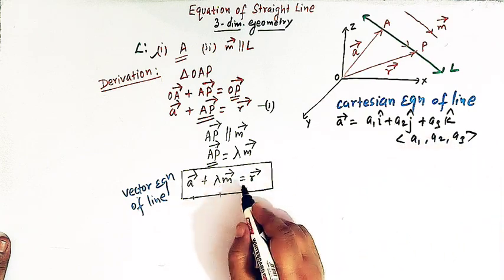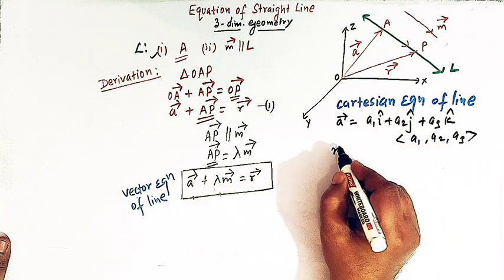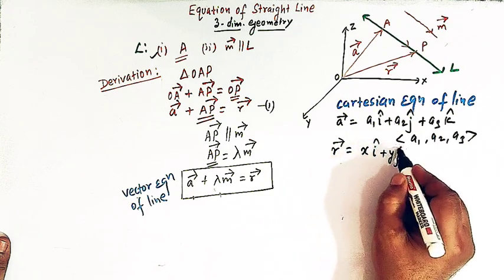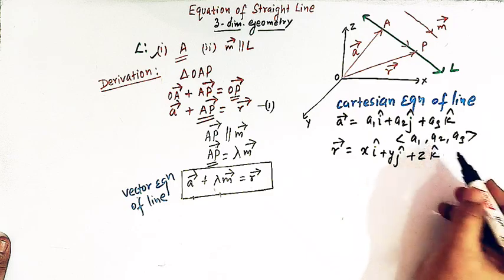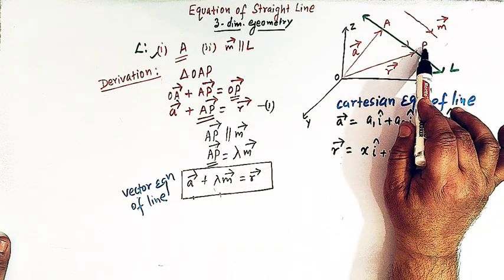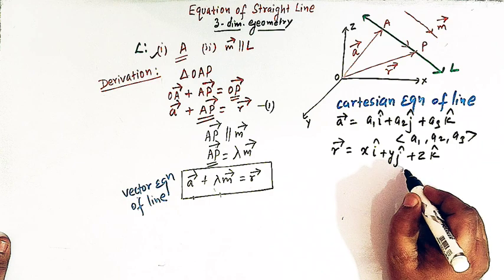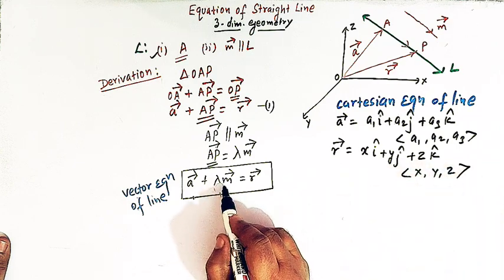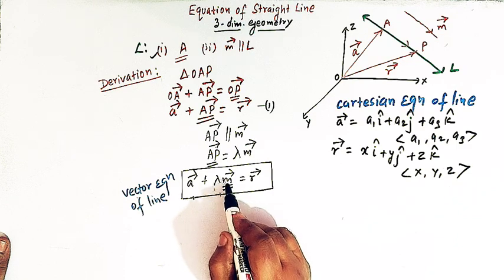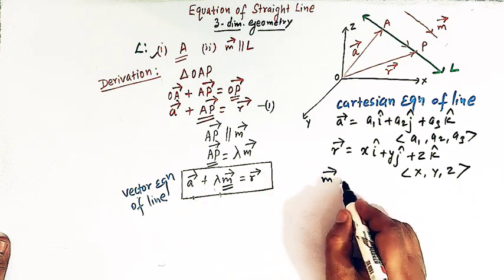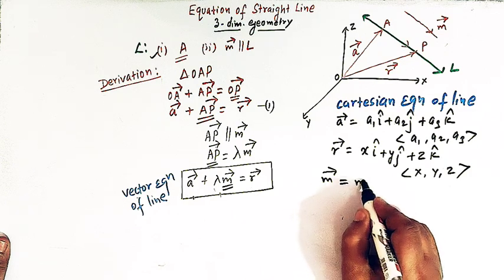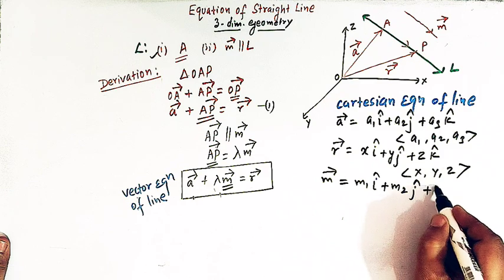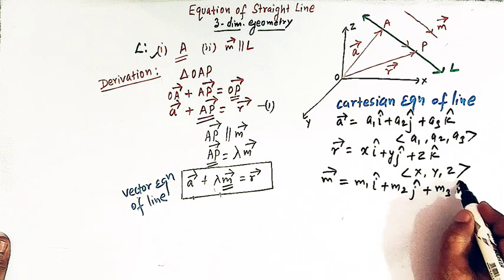And let us take this vector r as x i cap plus y j cap plus z k cap, where the coordinates of this arbitrary point P are given by x, y and z. And here we have this vector m, which can be taken as say m1 i cap plus m2 j cap plus m3 k cap.